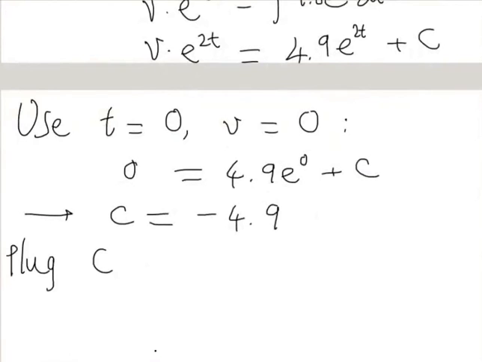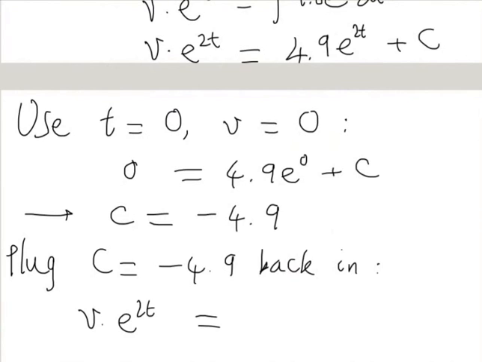And then we plug c equal to minus 4.9 back in, and we have v times e to the 2t equal to 4.9 e to the 2t minus 4.9.